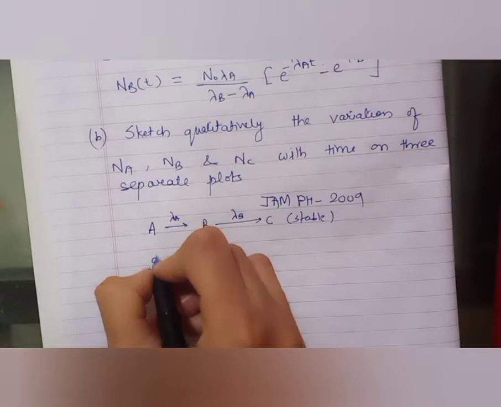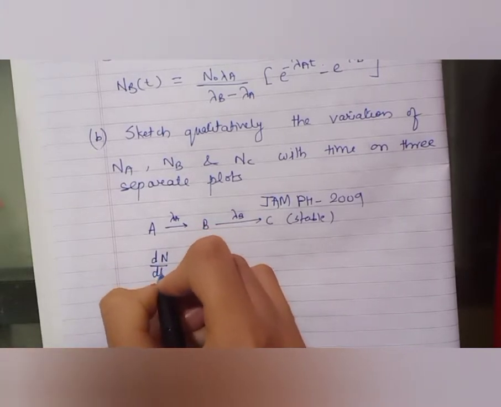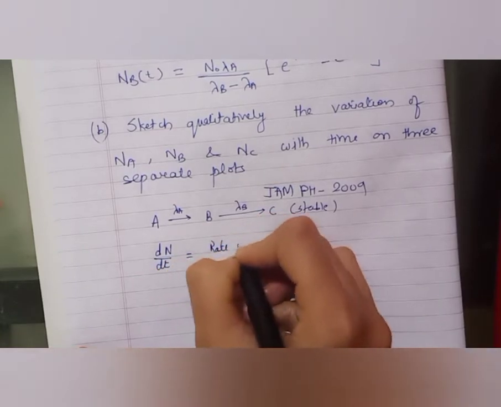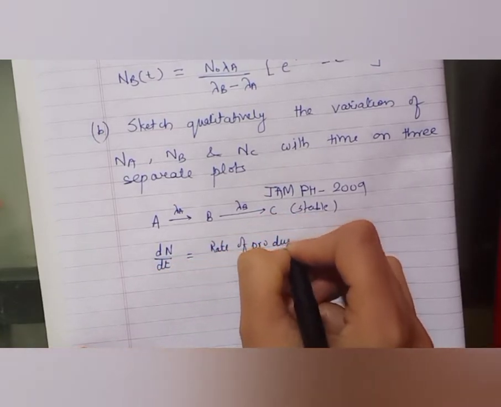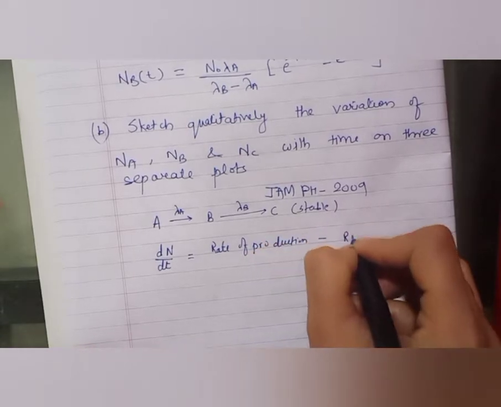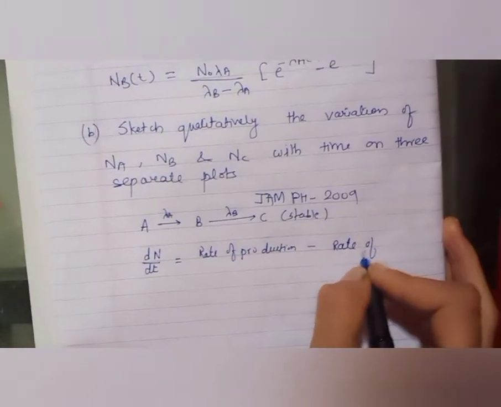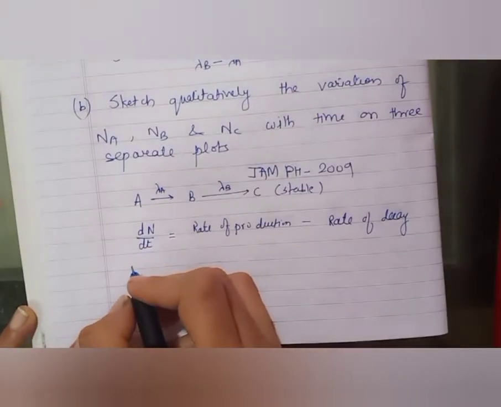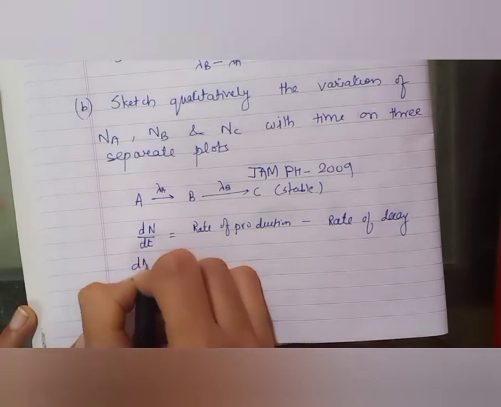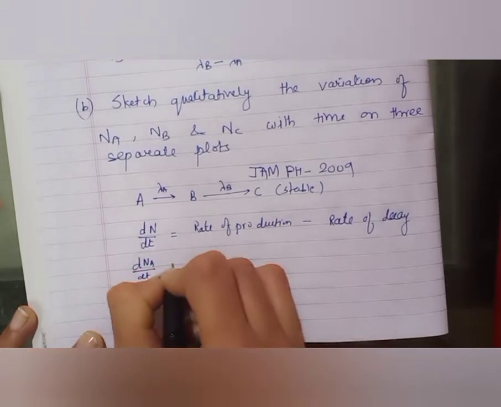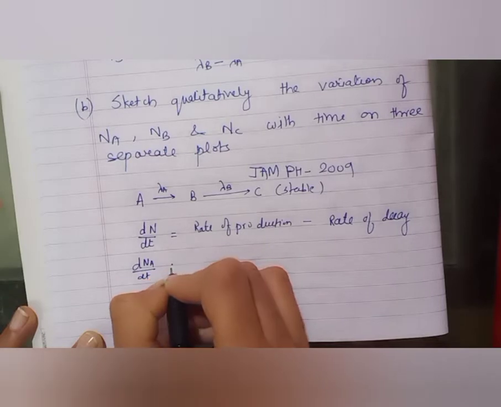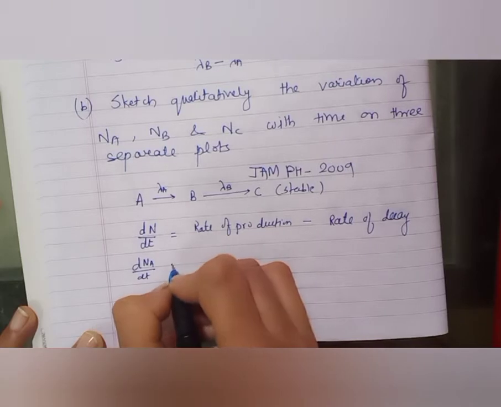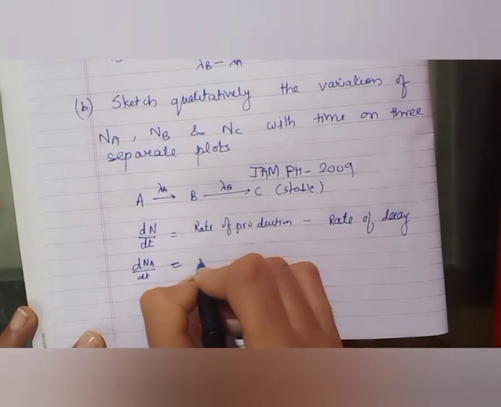Now we know that the rate of reaction dN by dt equals rate of production minus rate of decay. So for dNA upon dt, for element A, the rate of production is 0.